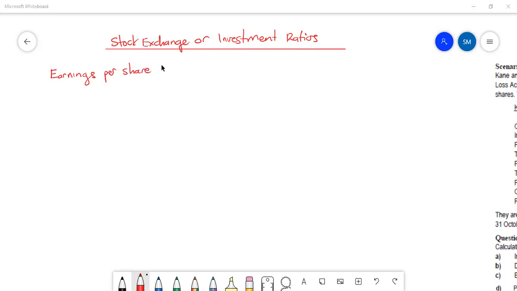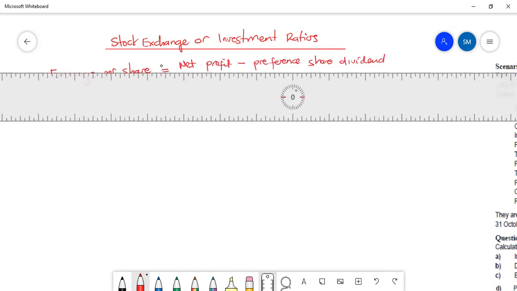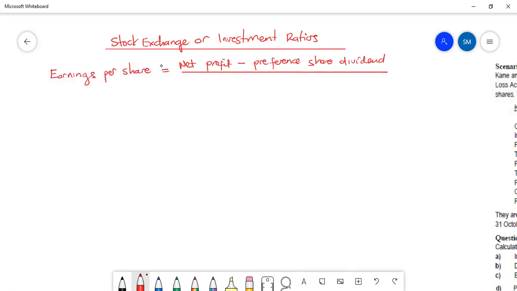Earnings per share, the formula is your net profit less preference shares dividend, which means the amount of profits that you now have after distributing to preference shareholders their dividend is the amount of money that is now available to your ordinary shareholders.